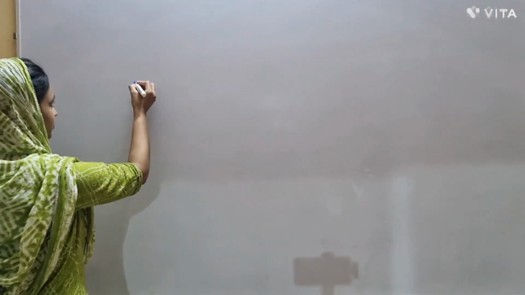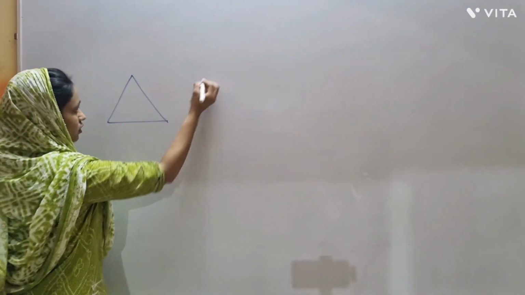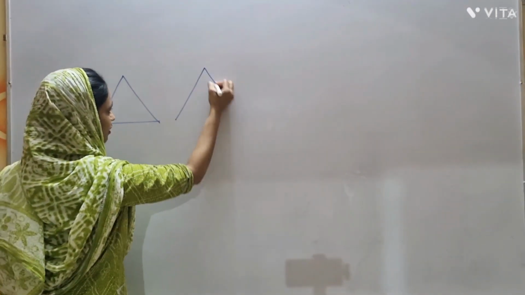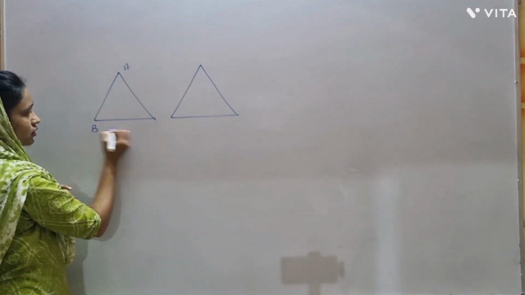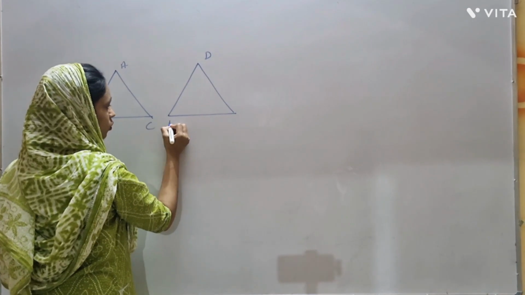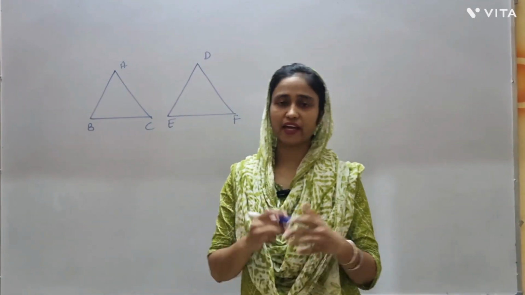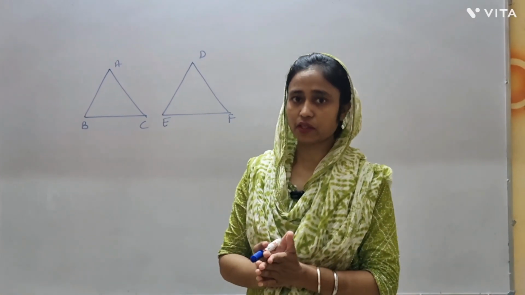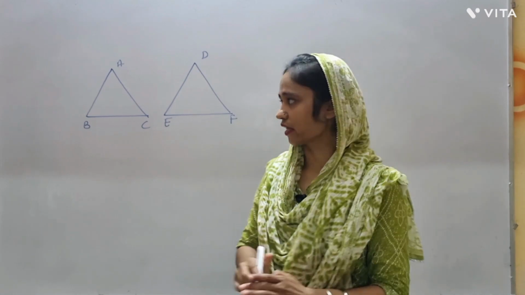See, in congruency, two triangles are congruent to each other when they are the same in shape as well as in size.